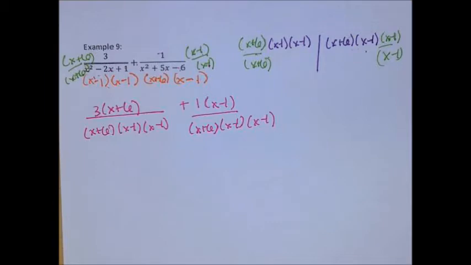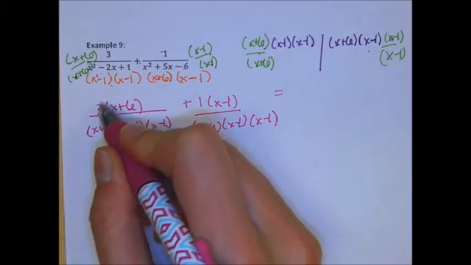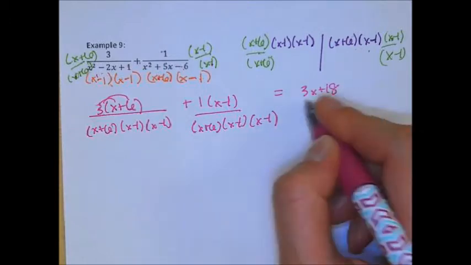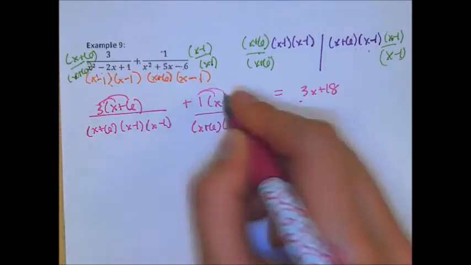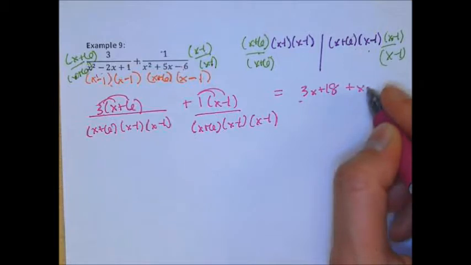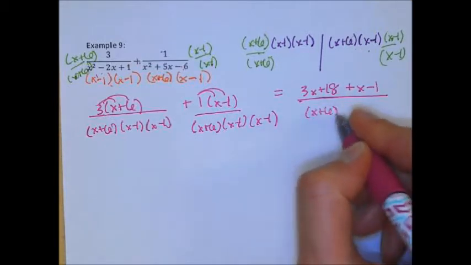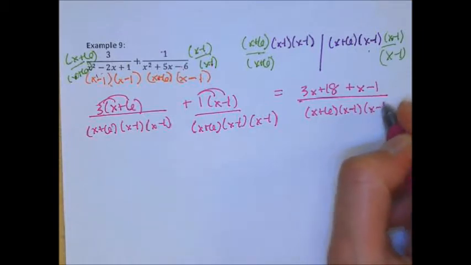So now we can combine. We're going to distribute, so I get 3x plus 18, plus, distribute, x minus 1 over our denominator x plus 6, x minus 1, x minus 1.